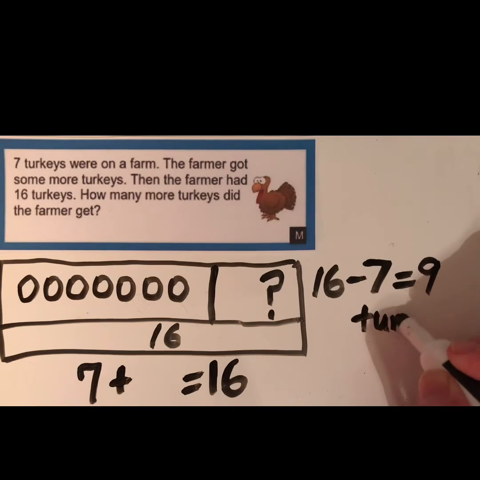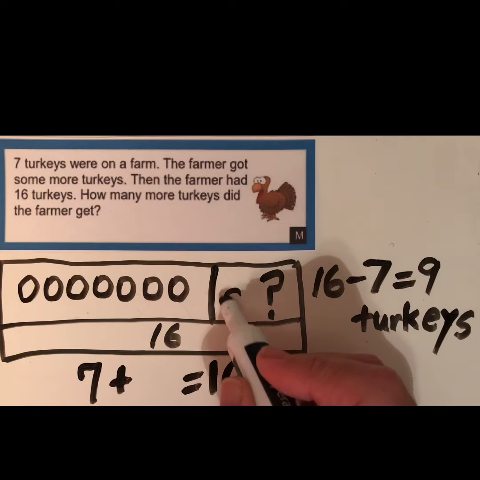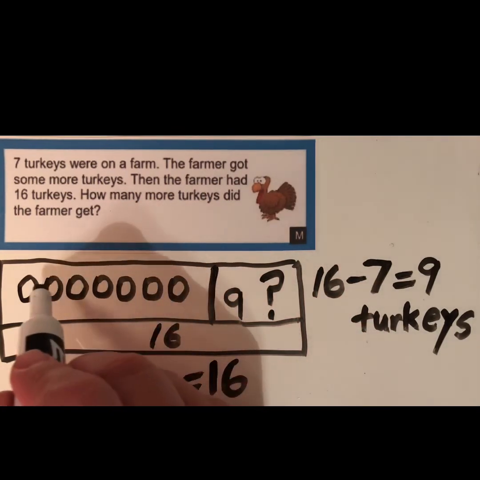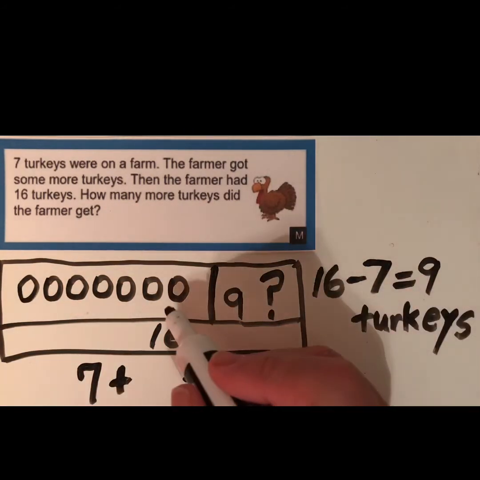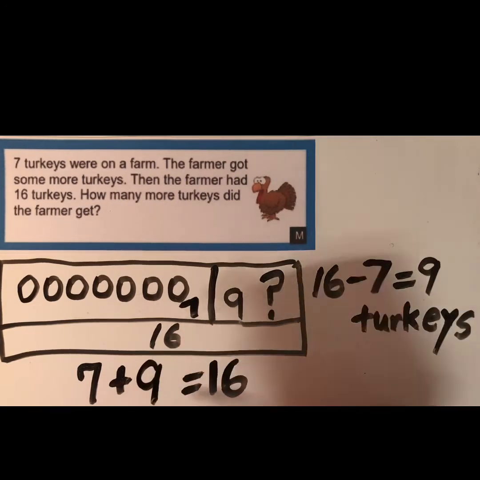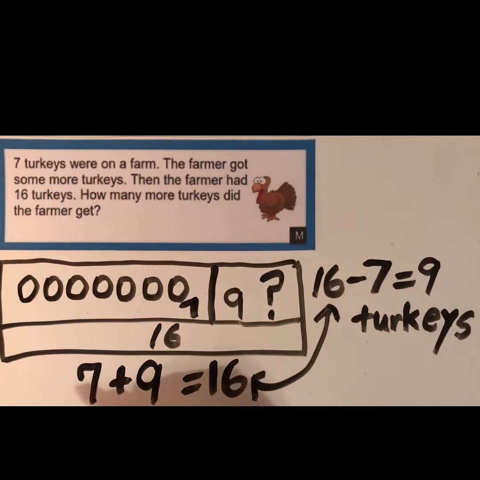So how many turkeys did the farmer get? 9 turkeys. Let's double check that. If this is 9, 10, 11, 12, 13, 14, 15, 16. So my part and my part make the whole. See how these two are part of a fact family? 7 plus 9 equals 16, and 16 minus 7 equals 9. 9 turkeys.